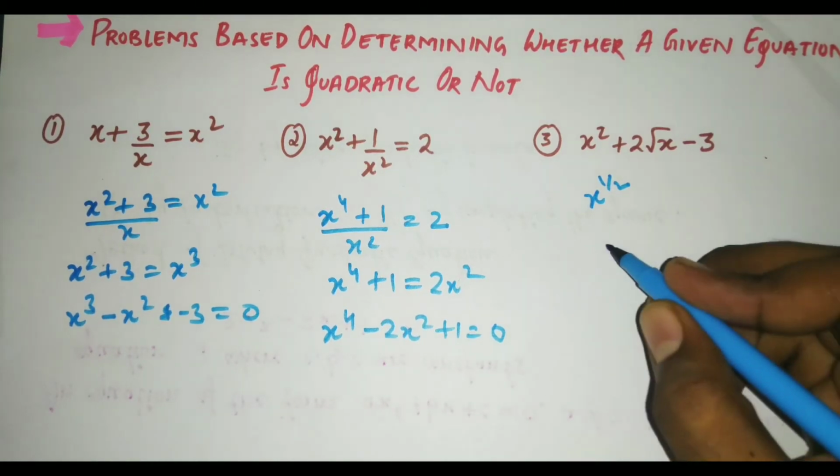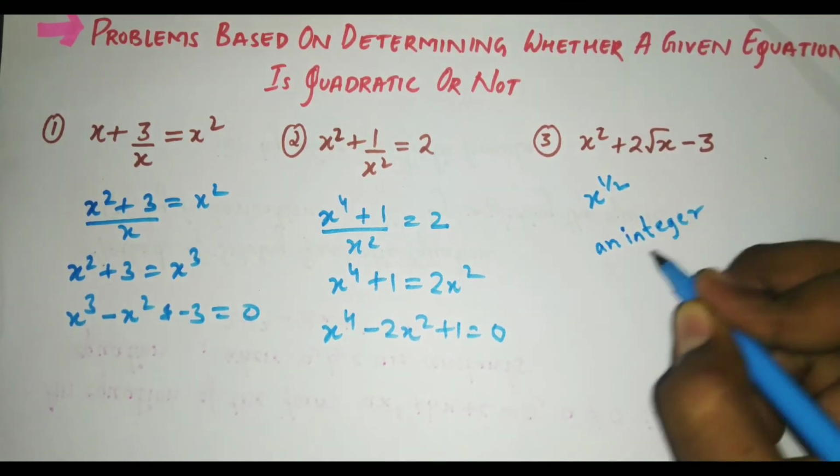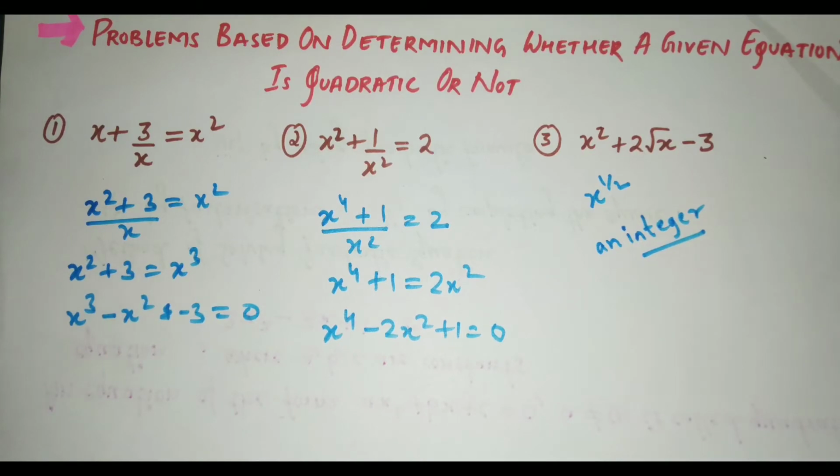It should be an integer, right? But in this case x is raised to a rational number, or we can say a fraction. So the power should not be in the form of a fraction. Since the power is a fraction, we can say that this is not a quadratic equation.